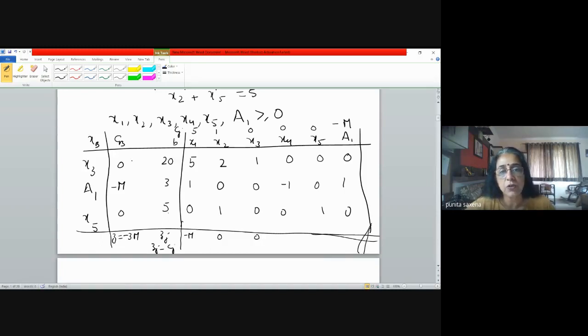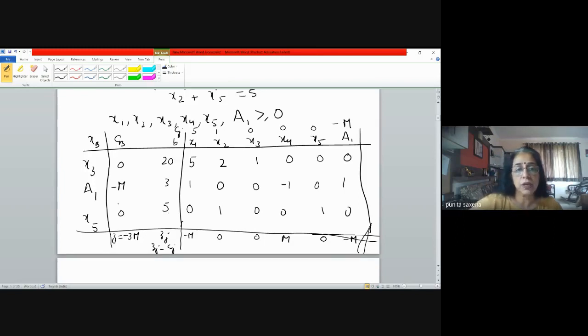It's going to be 0 into 0 plus minus M into minus 1, which makes it plus M. So the value here is plus M. What about x5? 0. And what about a1? Minus M. Is this okay?